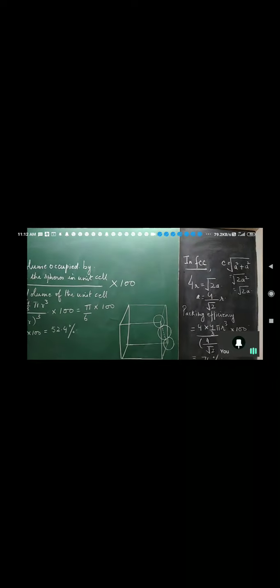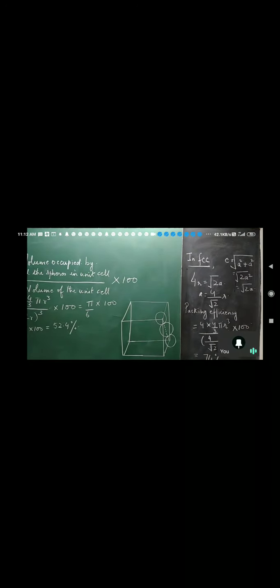This will be under root of A square plus A square, because this is the hypotenuse. C is the diagonal of the face, that is under root A square plus A square. A square plus A square will be 2A square, right? Or root 2 A.